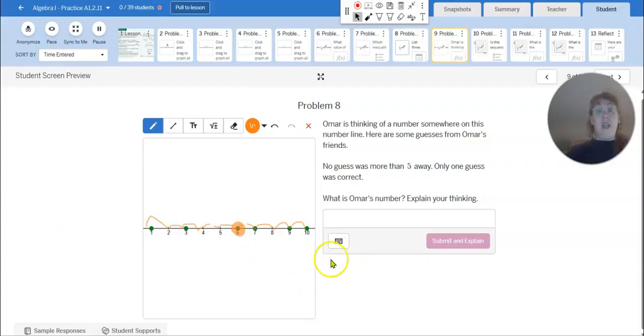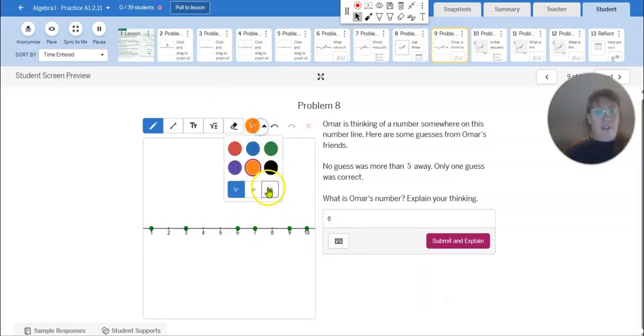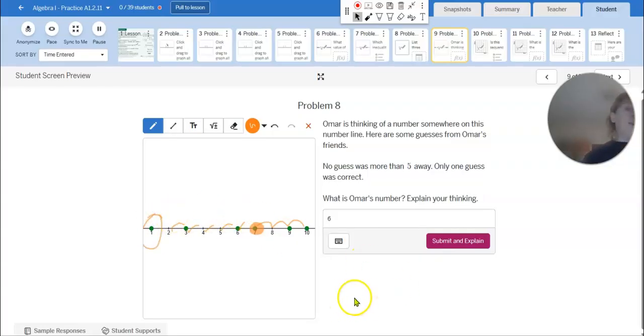Ooh, so that looks like it works. It looks like 6 is the only one that doesn't have a guess. So let's just double check. Here's 7. 5 away. We're good to the right. 1, 2, 3, 4, 5. Ooh, but that number 1 is more than 5 away. So that wouldn't work.